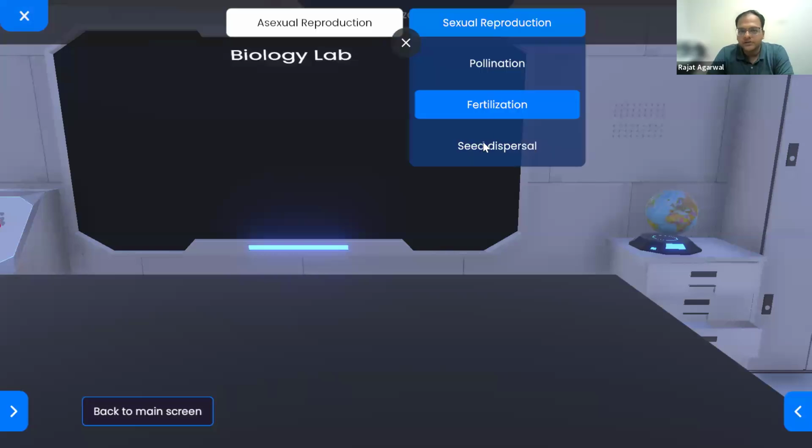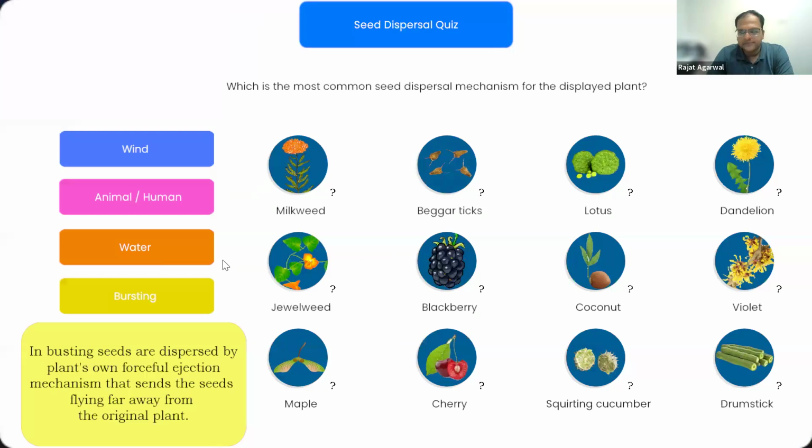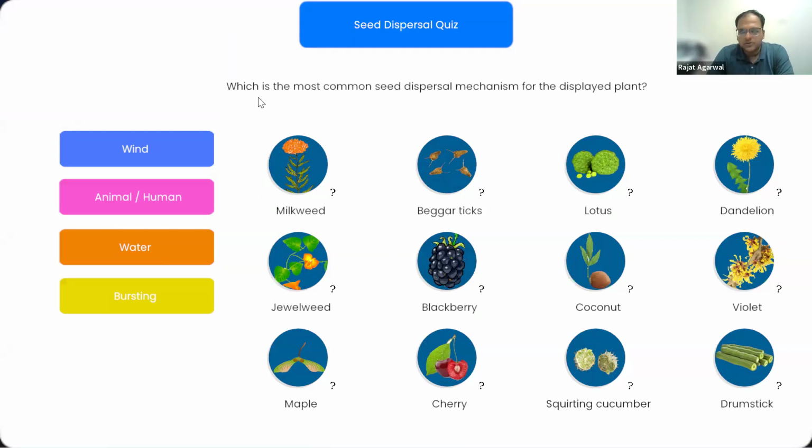Moving on to seed dispersal in sexual reproduction. As you can see, this is a very interesting way in which the concept of seed dispersal has been put. So what do we have to do here? Which is the most common seed dispersal mechanism for the displayed plants? So for example, for milkweed, what is the most common dispersal process?